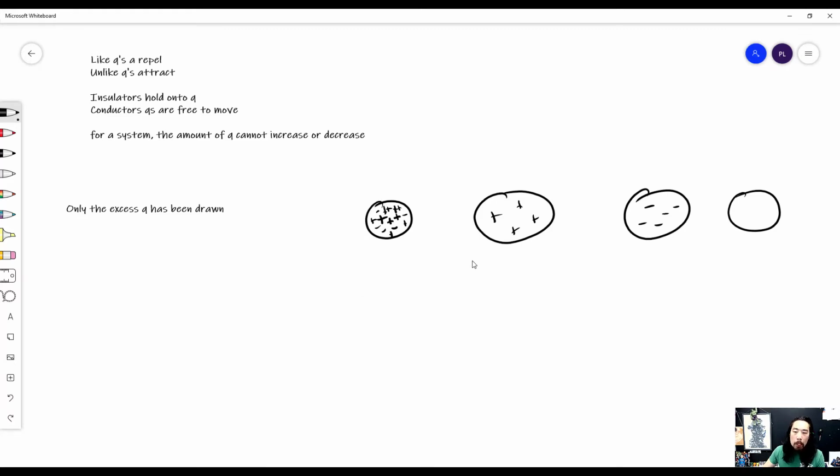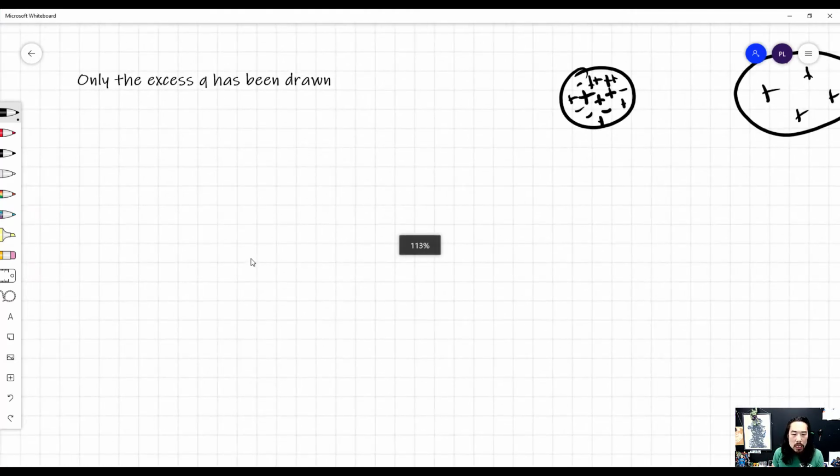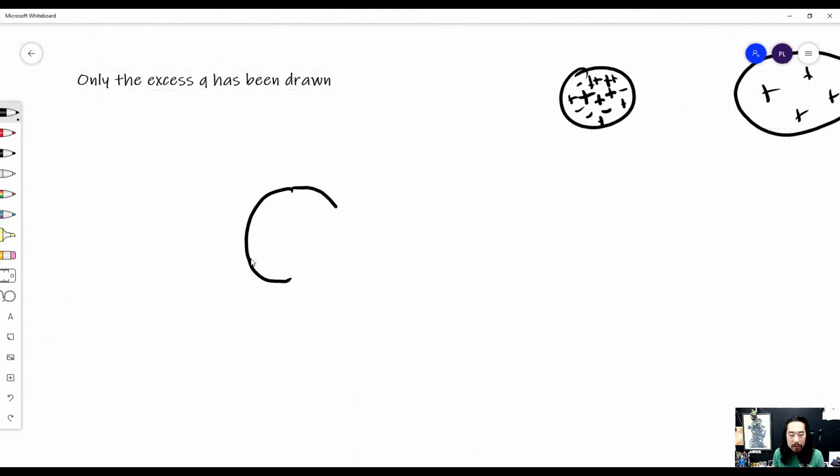All right. So let's go over the insulators and the conductors and how the charges can be represented for charged objects. For a conductor, if you remember, a conductor is anything that is metallic. It's important for us to know that if we have a metallic object, such as a sphere, let's say this is an overall negative object. This is a metallic conductor and it is overall negative.